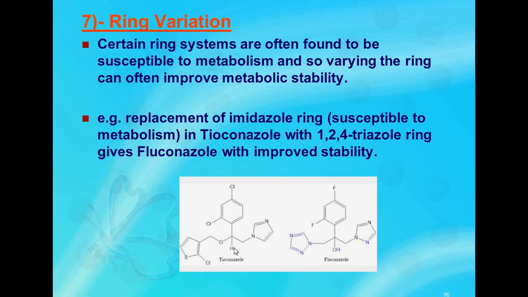So this imidazole ring is replaced by the 1,2,4-triazole ring, which gives fluconazole with improved stability. So we can also go for the ring variation.